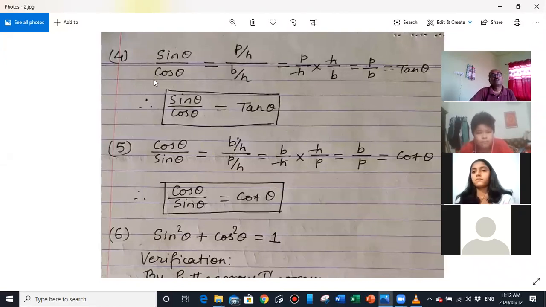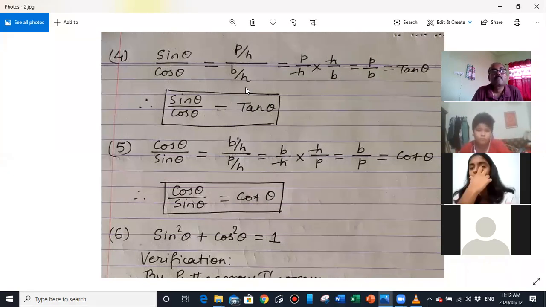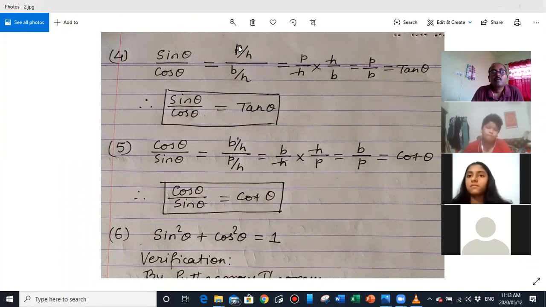Number 4. What happens if we divide sin theta by cos theta? Let us try. Sin theta was p by h, cos theta is b by h. Now this fraction has 4 steps, so how to tackle this type of fraction? The denominator is reversed.